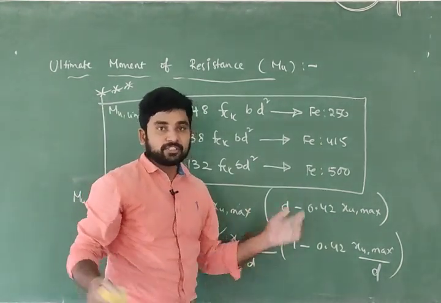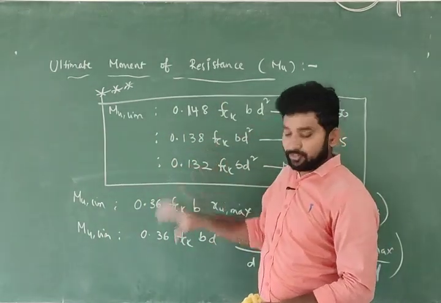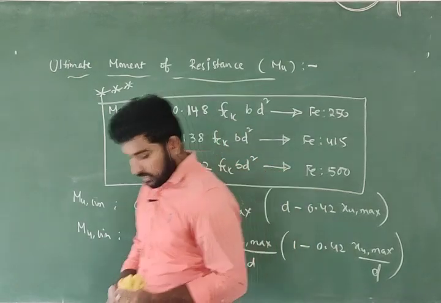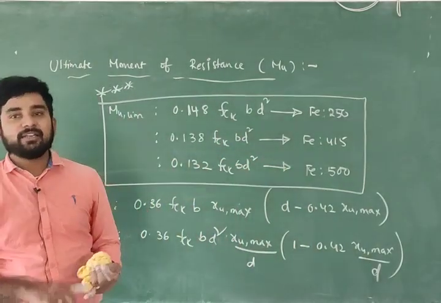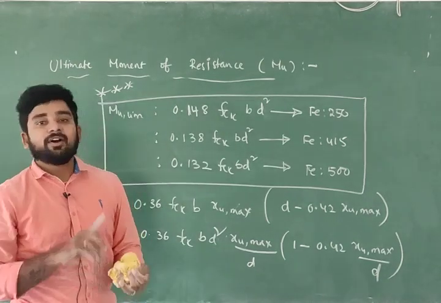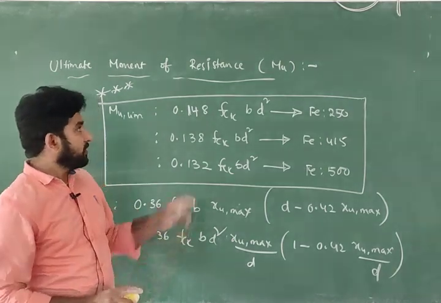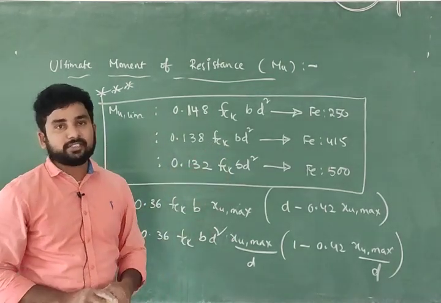Once we solve problems, you will understand how it is useful. So in today's class, we determined the maximum depth of neutral axis and the maximum or limiting moment of resistance. So this is about the moment of resistance.